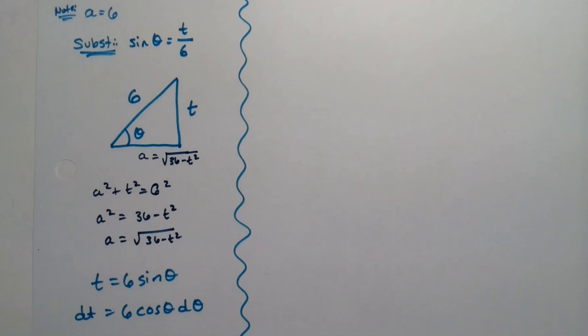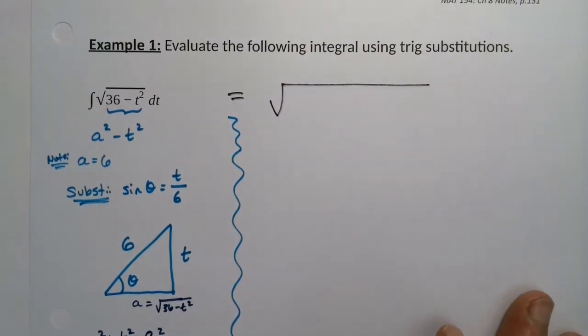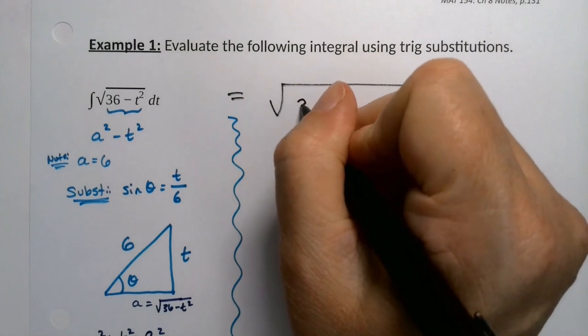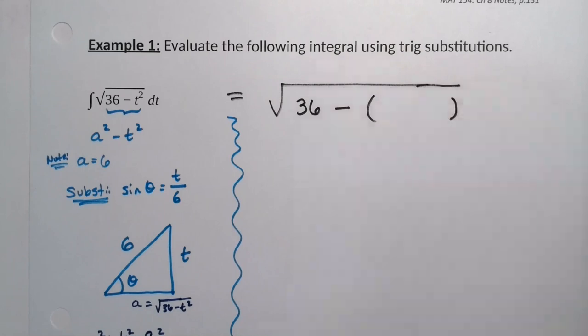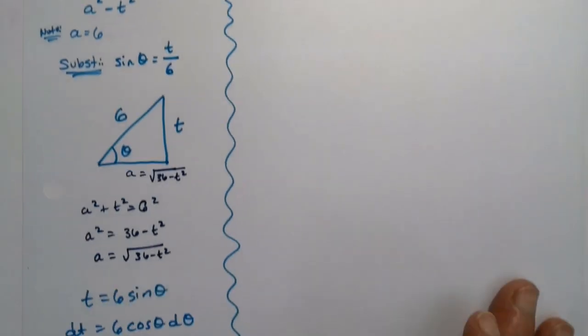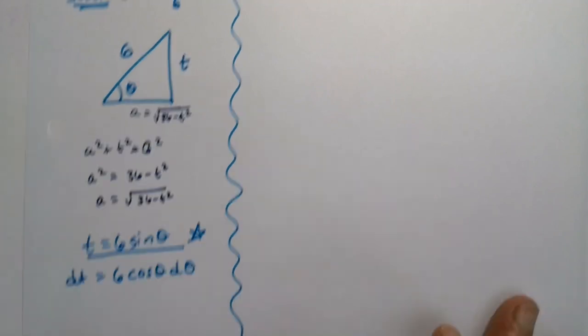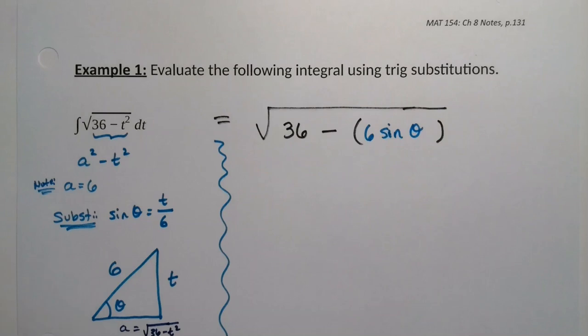Now, the integral is the square root of 36 minus t squared. So I could say that's the square root of 36 minus, and instead of t squared, I'm now going to change it. Look at our trig substitution: t is equal to 6 sine theta. So I'm going to change this to 6 sine of theta squared.